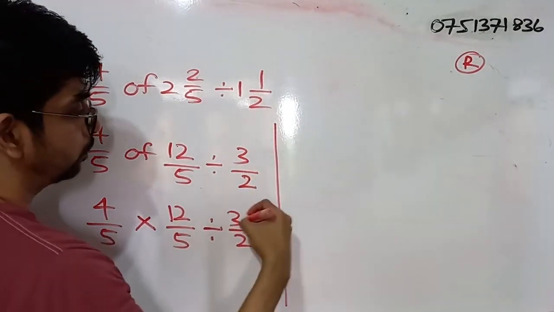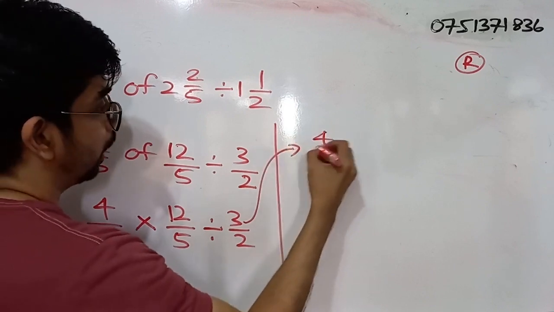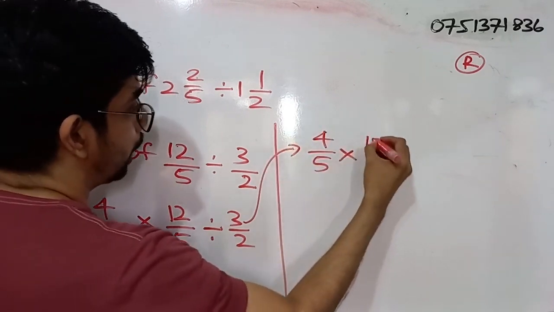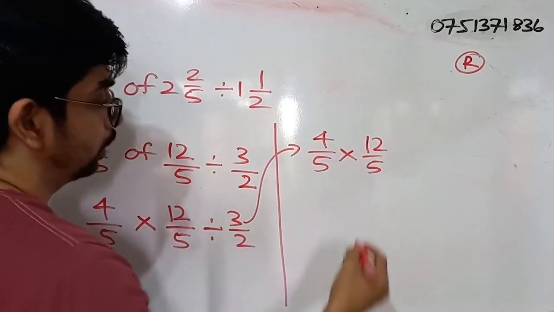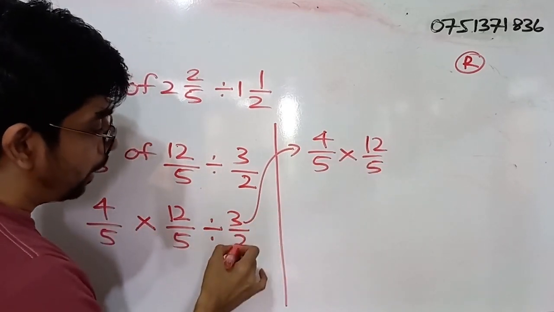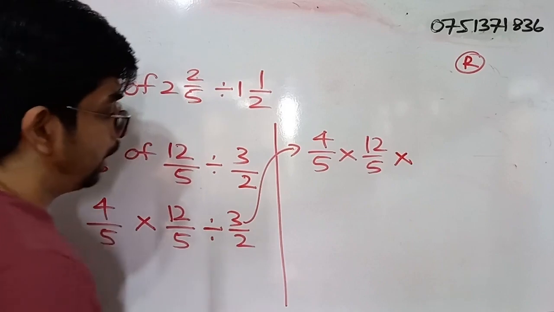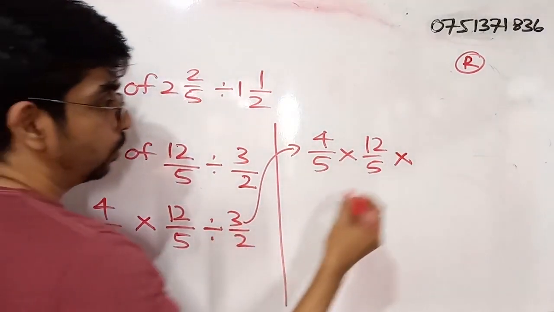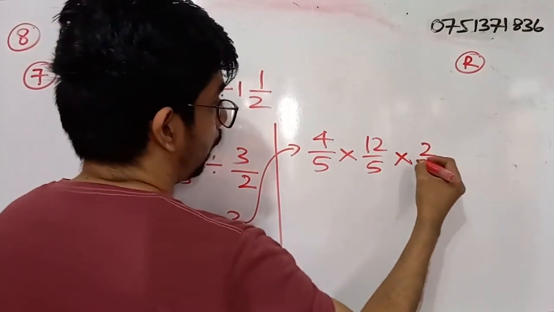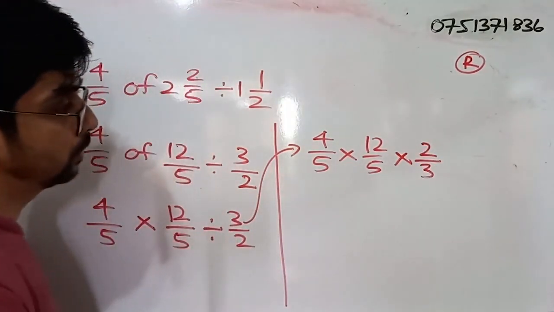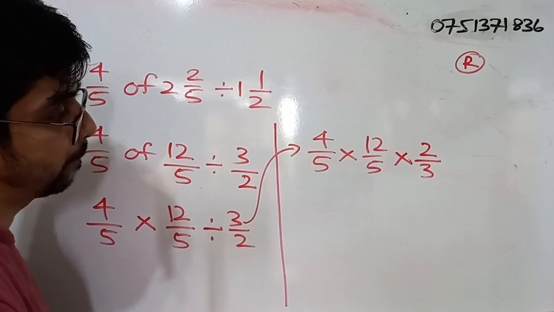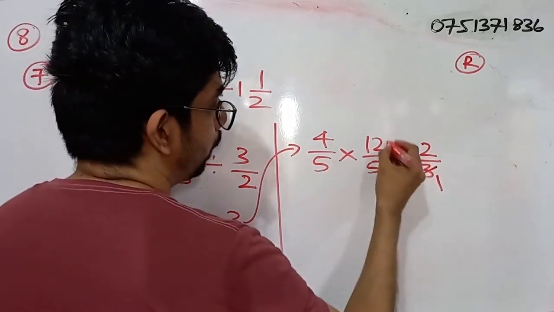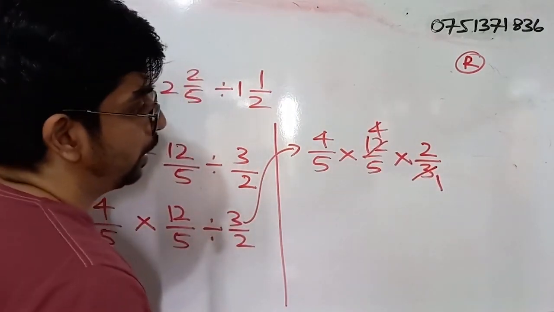Okay, then what do we do? We come to here, right? 4 by 5 multiplied by 12 by 5 divide by 3 by 2. We replace that division by a multiplication, then write the reciprocal of 3 by 2, which is what? 2 by 3. Now can we do some simplifications here? Yes. 3 times 1, 3 times 4, right?